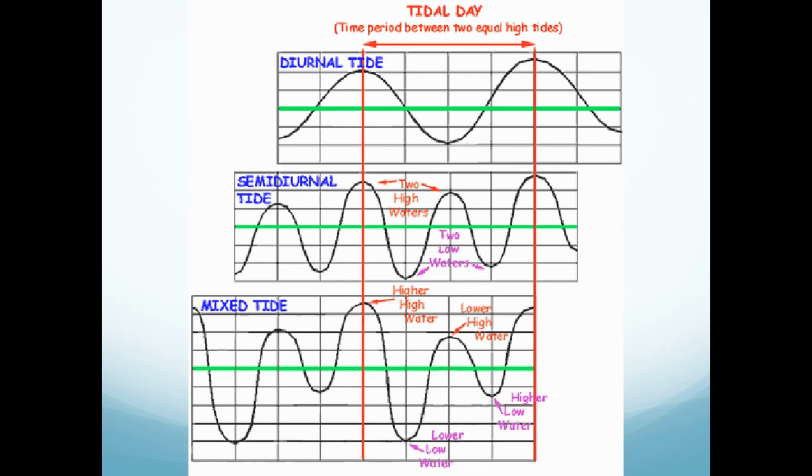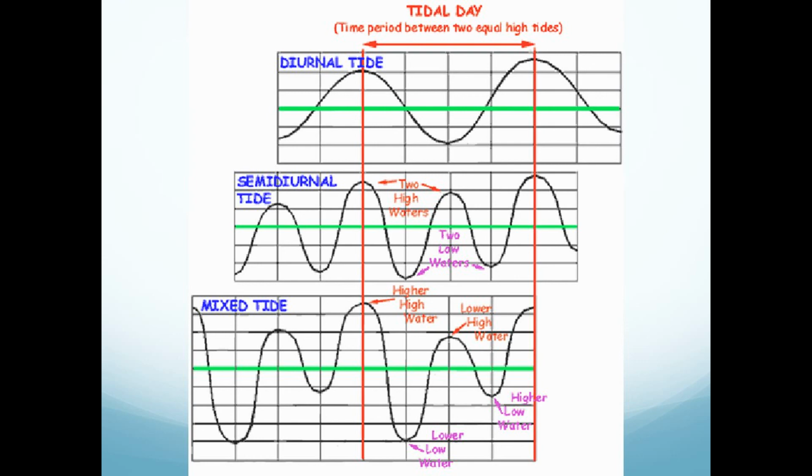So here's just an image of what those different tides look like. And depending on where you are around the world, you'll experience different types of tides. So you can either get a diurnal tide, which is the top one. You can see between the two red lines, there is only one high tide and one low tide. Versus semi-diurnal, where you can see the tides are more or less the same height, but there are two high tides within the day and two low tides.